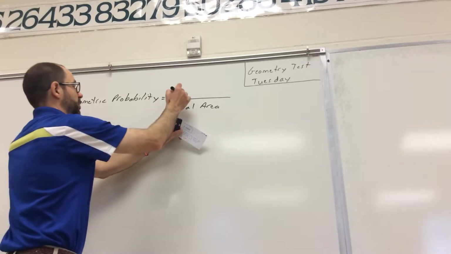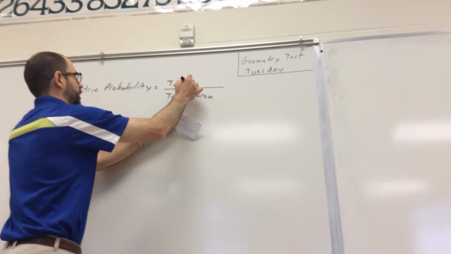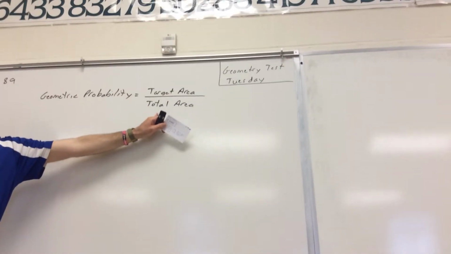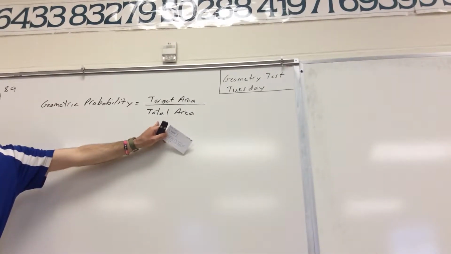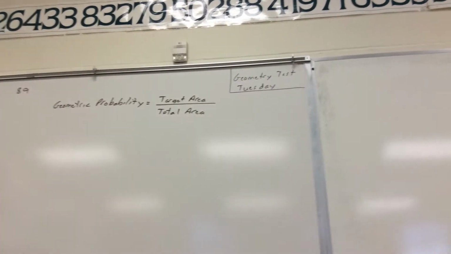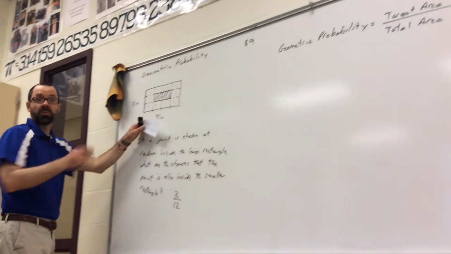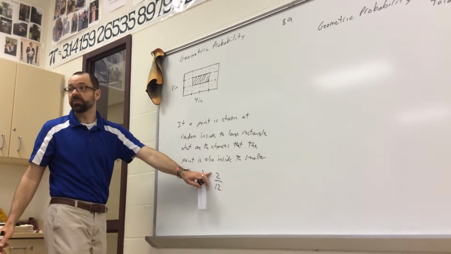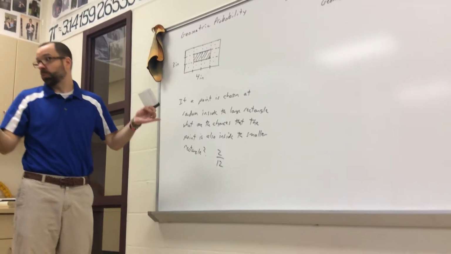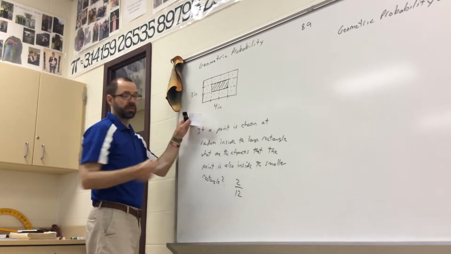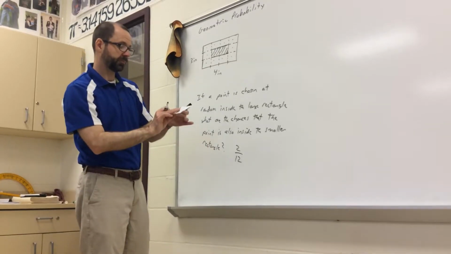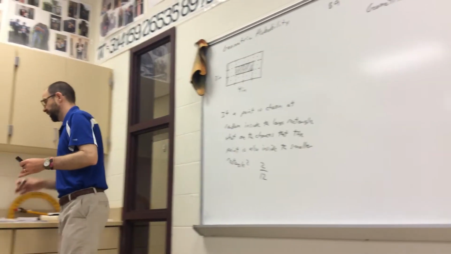And then on the top, you're going to put the target area. So in this example, you're trying to hit the small rectangle. So the target area was 2. But the total area, the total possibilities are 12. So that's why it's 2 out of 12. All right, that's it for the note card.